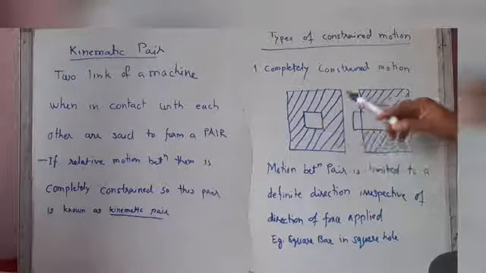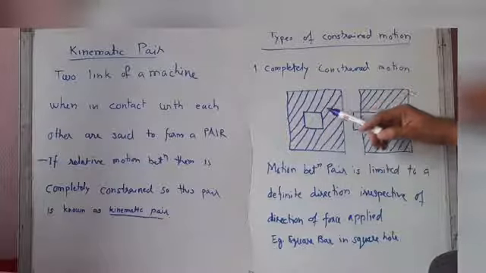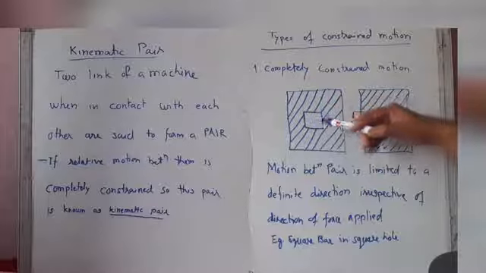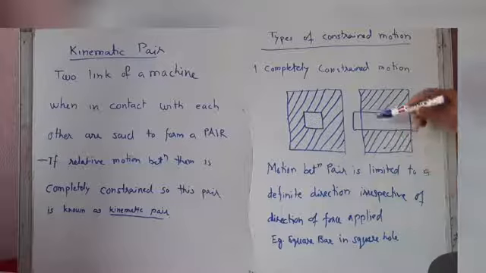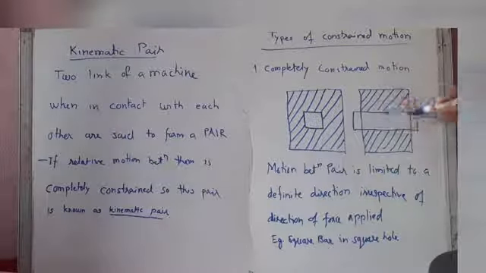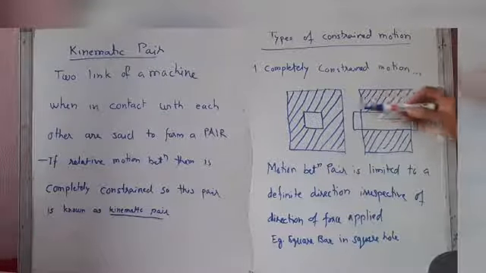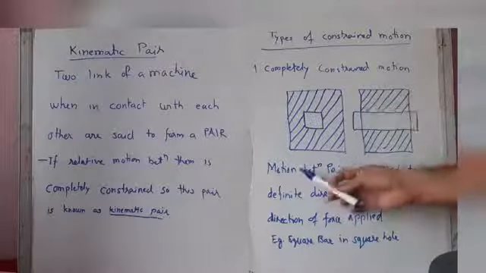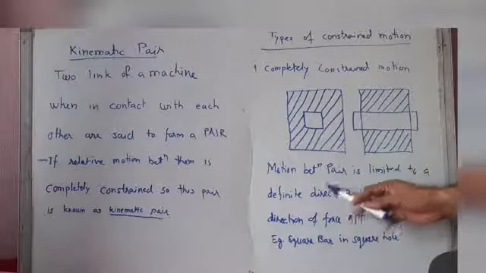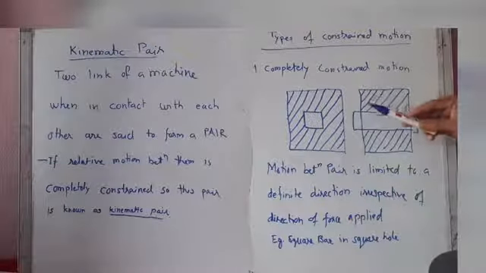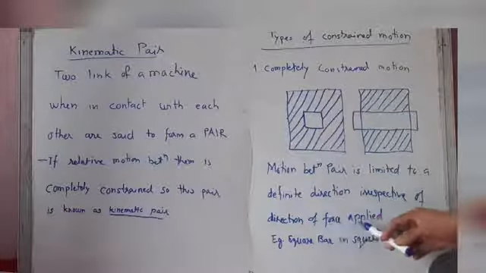If this is a square bar in a square hole, you can easily understand in the side view: this is the square hole and this is the square bar. If it is inserted, then only a single type of motion is allowed. The motion between the pair is limited to a definite direction, meaning motion is possible in only one direction, irrespective of the direction of force applied.